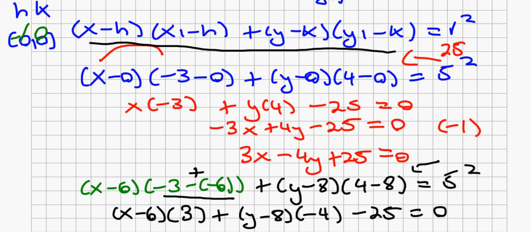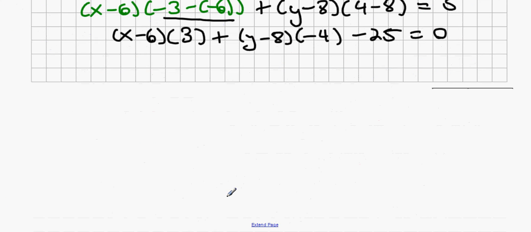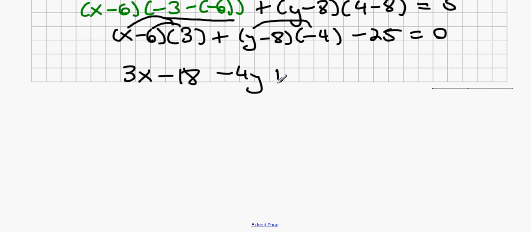And then what we'd be left with here would be multiply these out. So 3x minus 18 minus 4y plus 32 minus 25 equal to 0.